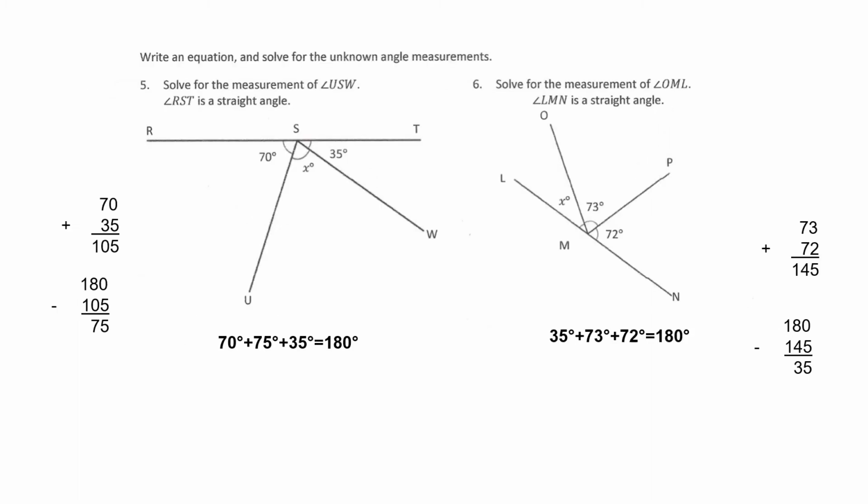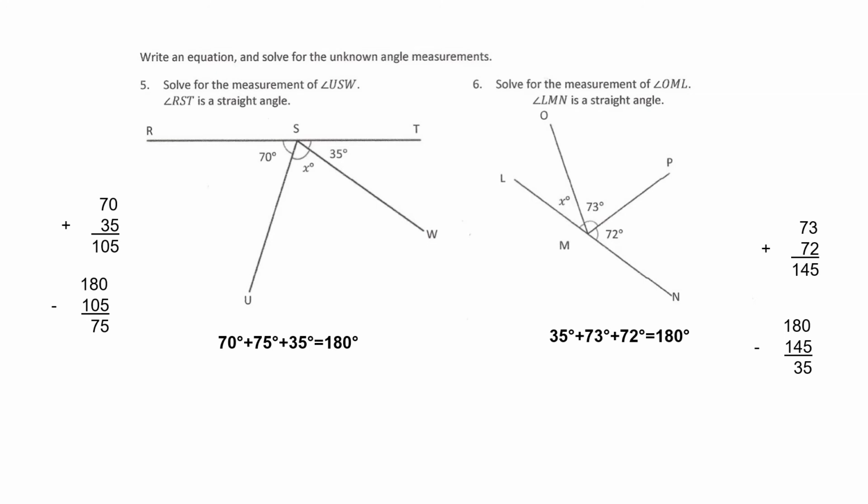Don't forget your symbol. So we're going to try to solve this. Now we know that RST is 180 degrees. We know two parts, but we're missing one. So we know the total, and we know two parts. We're trying to find the other part. So first we have to add up the parts that we do know.